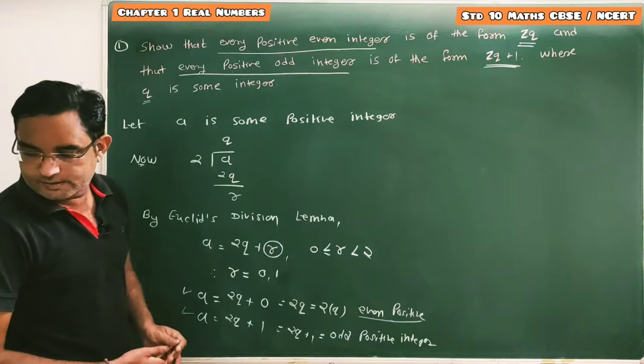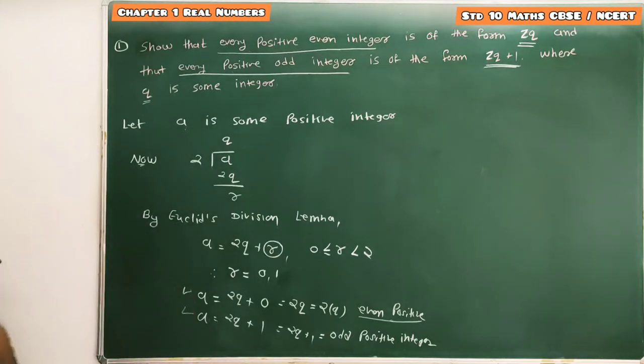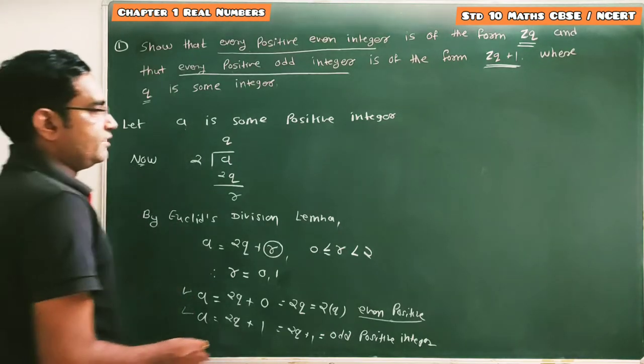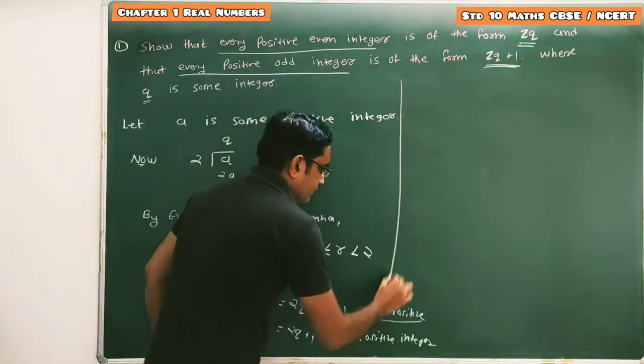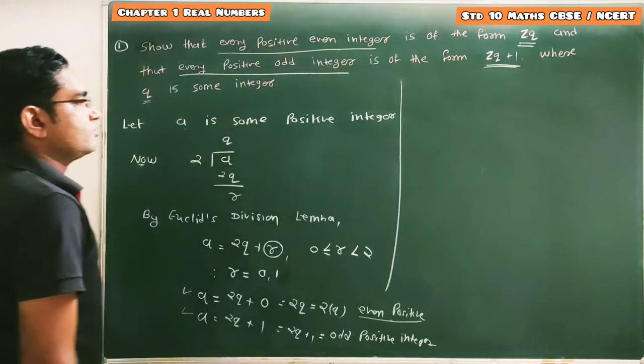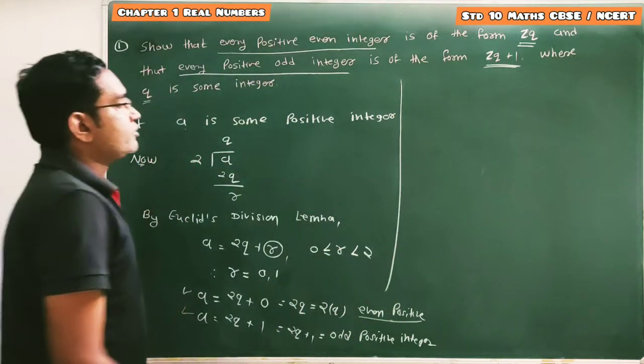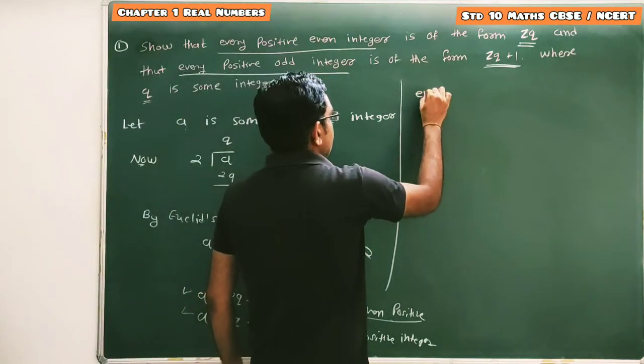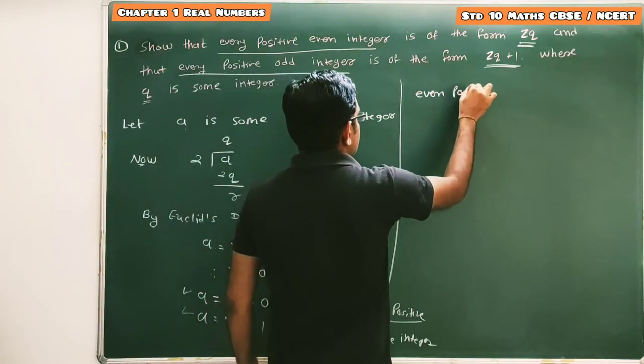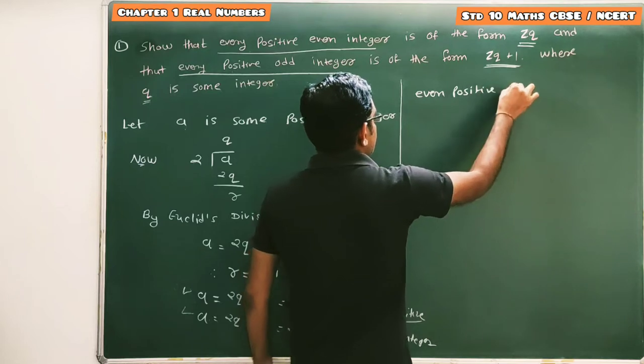One more method is there to prove this. So let's say even positive integers. Which are the even positive integers?